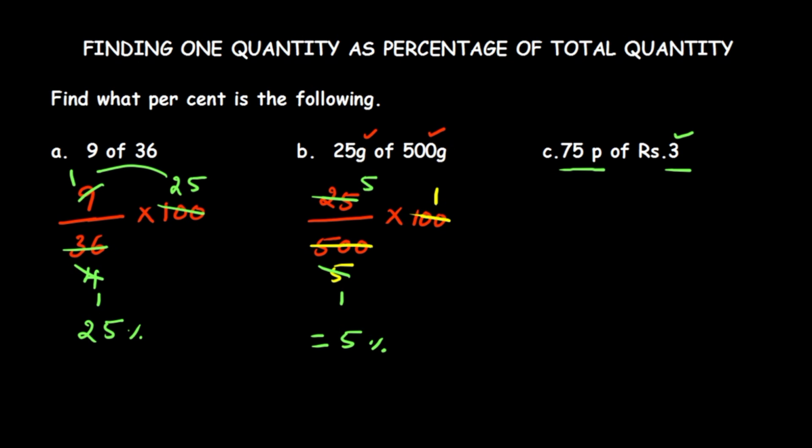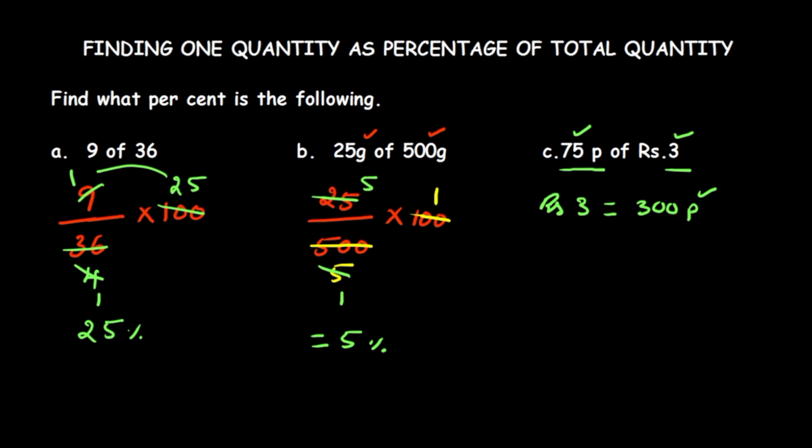First, the 3 rupees we should convert into pies. How many pies? 1 rupee is equal to 100 pies, then 3 rupees are equal to 300 pies. Now we should compare 75 pies with 300 pies, right? So now we can find the percentage.